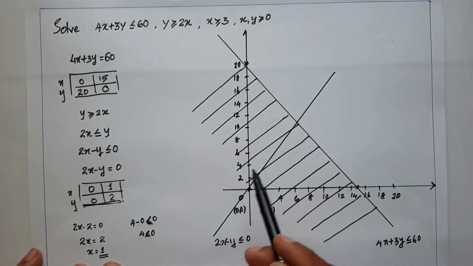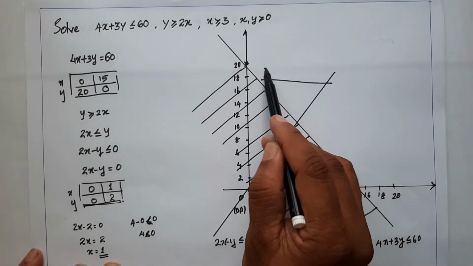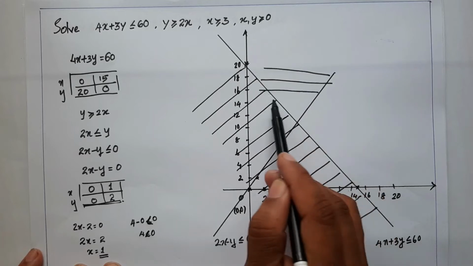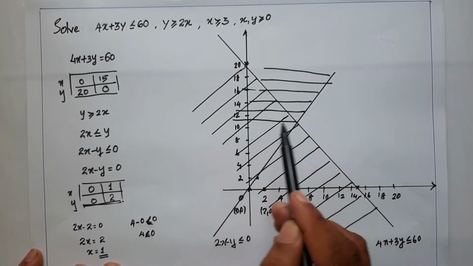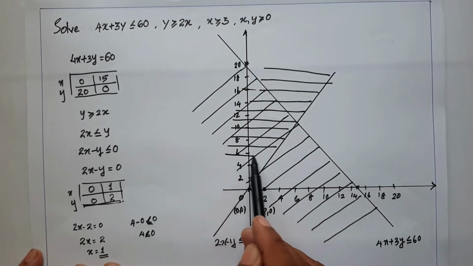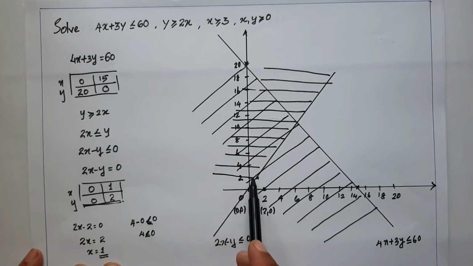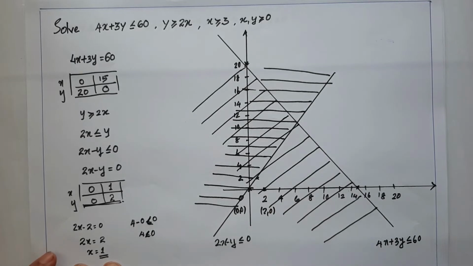So our shading region is on the upper half plane. Okay, this is our shading region.